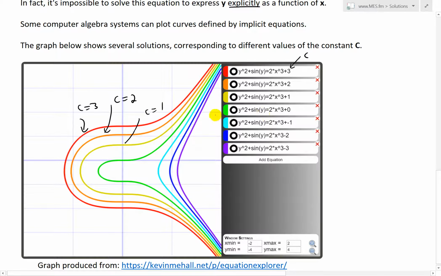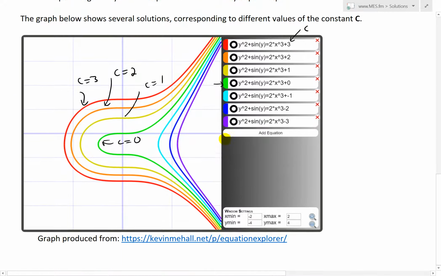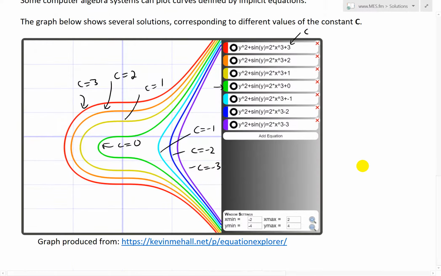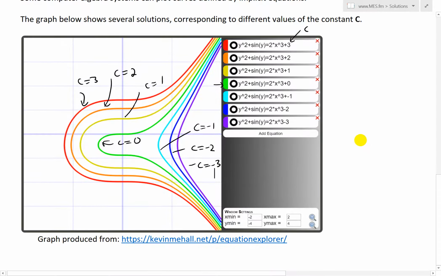Going to the negatives, c equals negative 1, then negative 2, and the last one, the purple, is c equals negative 3. That's how the graph looks if you graph several of these solutions for different values of c.